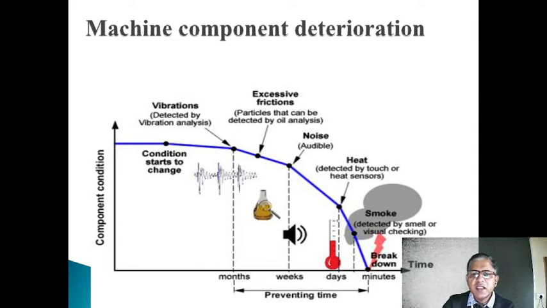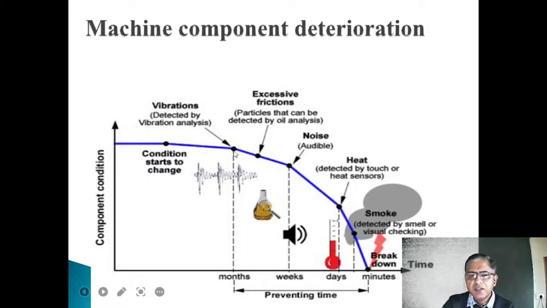These are the various indications by which we can judge the condition of the component. Initially, the blue line is more horizontal, and its tendency to come down is very, very small.